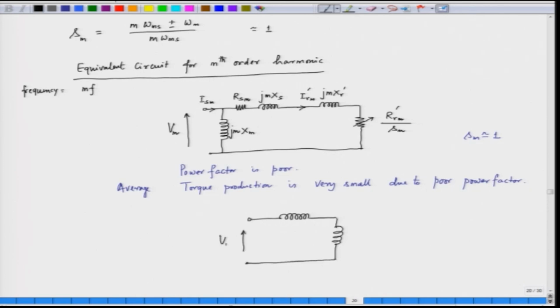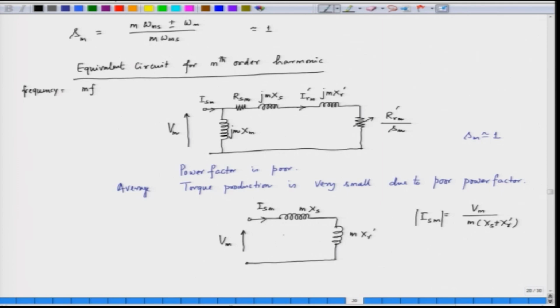So, this is Vm, this is ISM, this is m into Xs and m into Xr prime. So, the value of ISM can be given as Vm by m into Xs plus Xr prime. I am talking about the magnitude. So, there will be some current here.